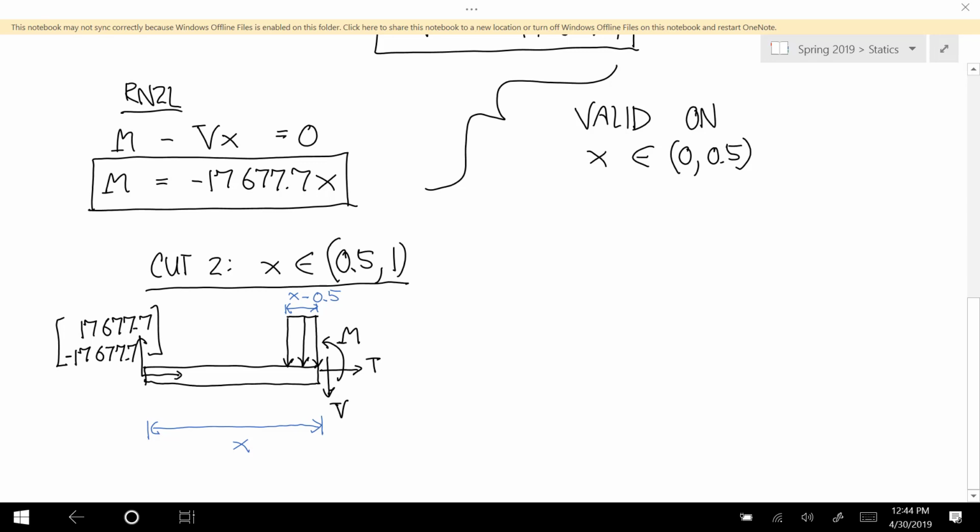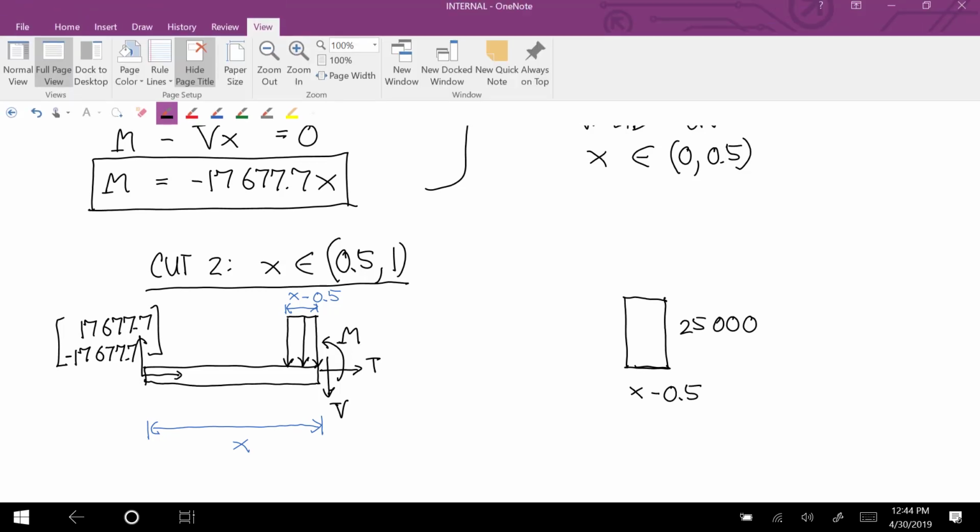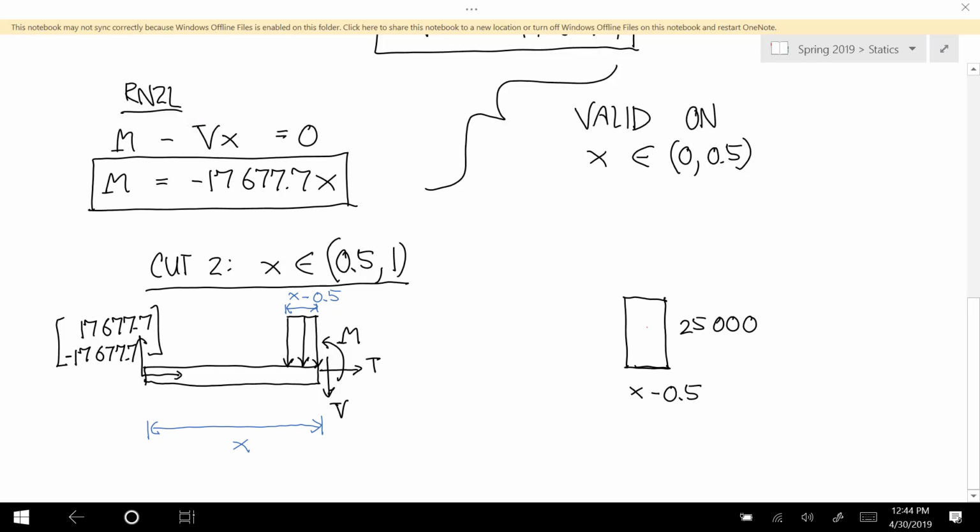So let's figure out what we can say about this rectangular distributed load. It has a height of 25,000 and a width of x minus 0.5. And the centroid is right in the middle.